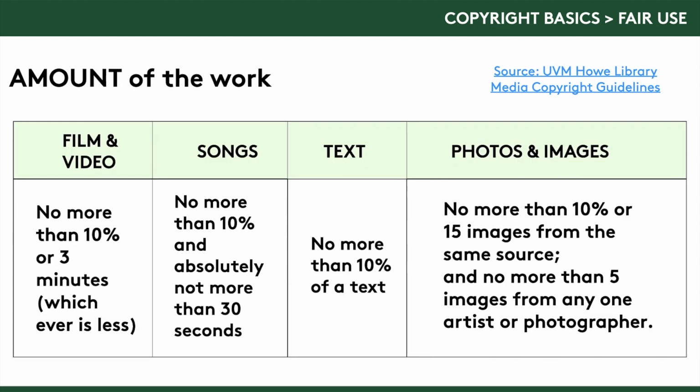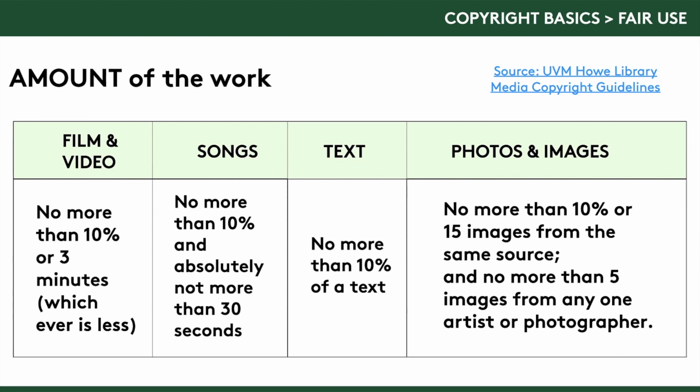And then the amount of the work differs between types of media. So film or video should be no more than 10%. So remember, we're talking about films which can be 2 hours long and internet videos which could be 30 seconds long. So no more than 10% or 3 minutes, whichever is less, of the finished product. Songs should be no more than 10% and absolutely no more than 30 seconds.